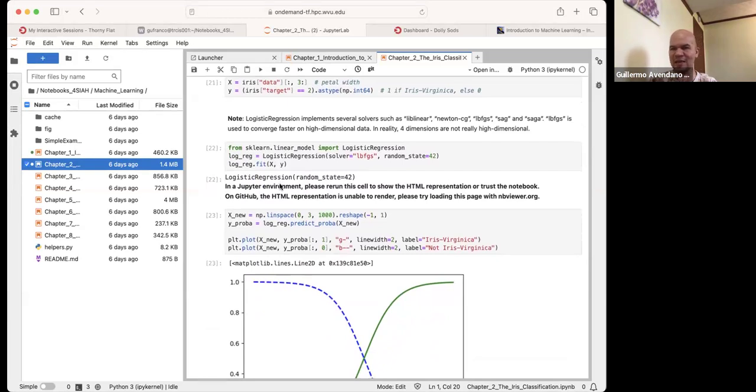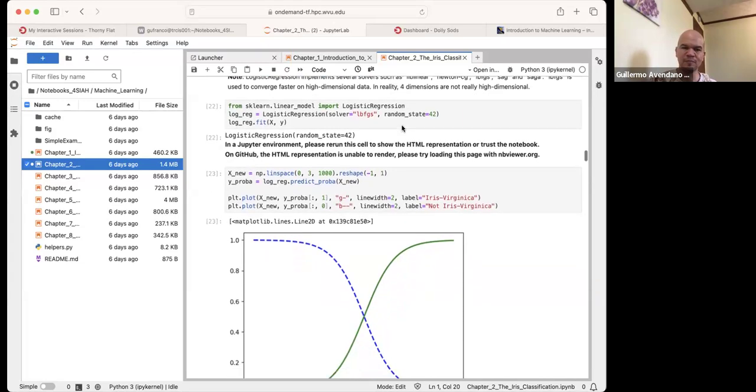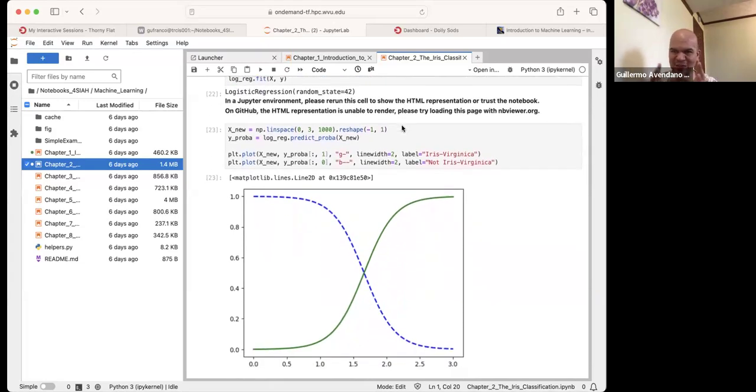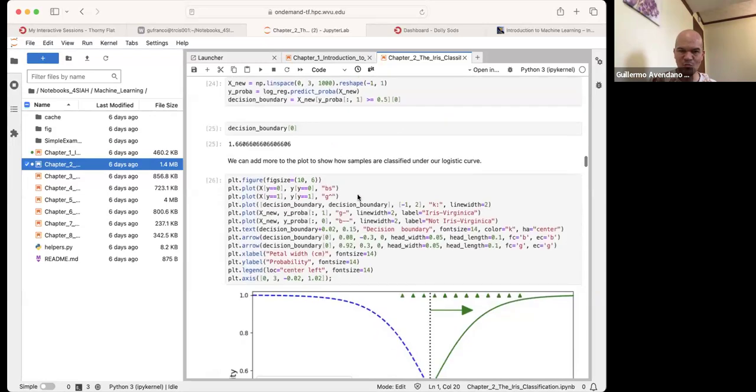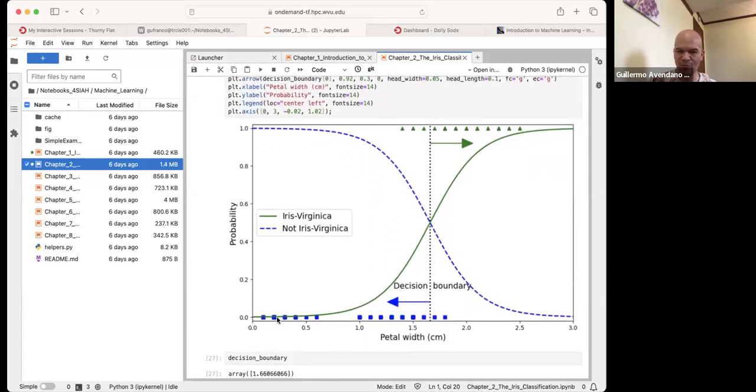We will decide if it's Virginica or not. So we have two options, 1 or 0. It is or it's not Virginica. Okay, so a very simple classifier with just one variable, and we will try to just decide if it's Virginica or not.